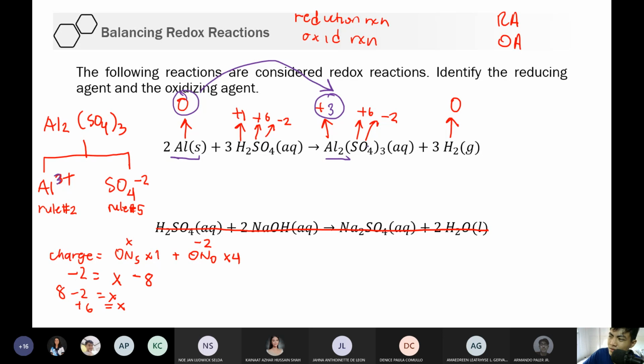So, sulfur, oxygen, those didn't change. 6 and negative 2 still. Who else? Hydrogen. So, from positive 1 became 0. Okay?